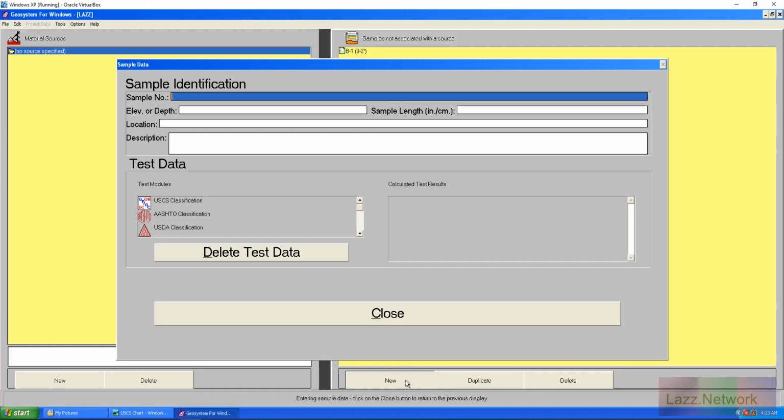Okay, so we're going to make a new test here. And for this new test, we're just going to do a sieve analysis. So let's just say 249. Everything else is kind of whatever.